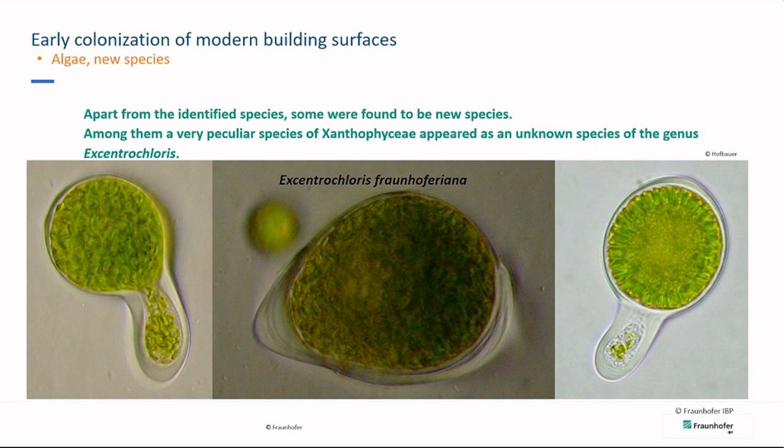So we described this new alga. This has quite huge cells, has many chloroplasts, and has really a very odd form, like a fungus, like a puffball. And we dared to name it after Fraunhofer, the namesake for the Fraunhofer Society.